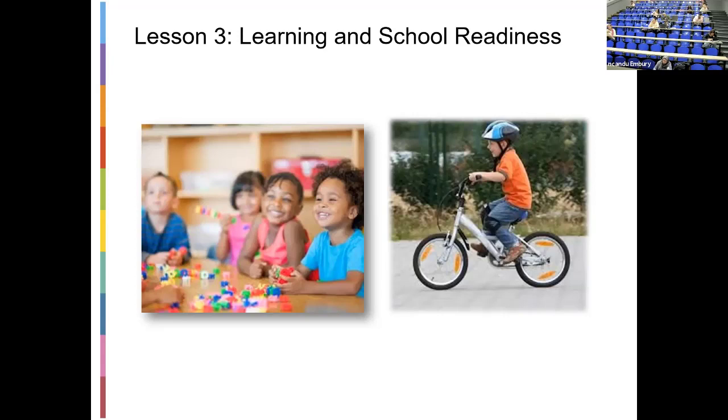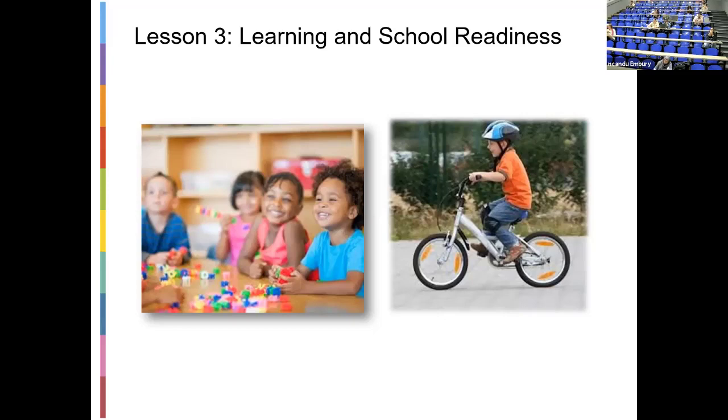However, I can help the child to acquire balance, to develop good core stability, visual and bilateral coordination. In other words, supporting the skills that he needs to ride the bike. And that is what school readiness entails.